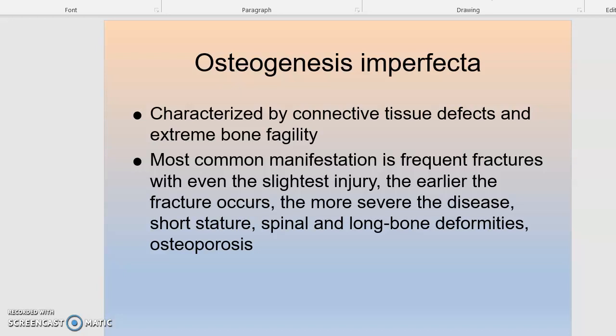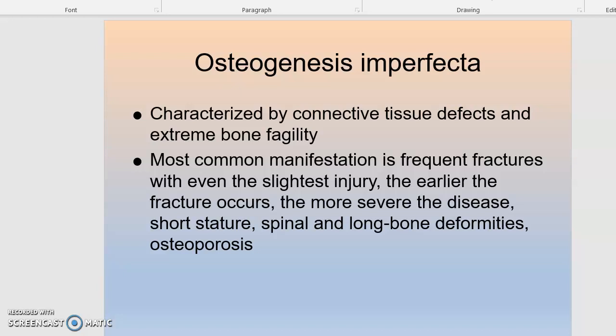Most common manifestation is frequent fractures, even with the slightest injury. The earlier the fracture occurs, the more severe the disease. Other characteristics of people prone to having osteogenesis imperfecta include short stature, spinal and long bone deformities, and osteoporosis.